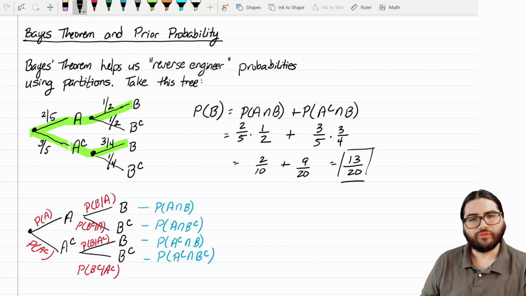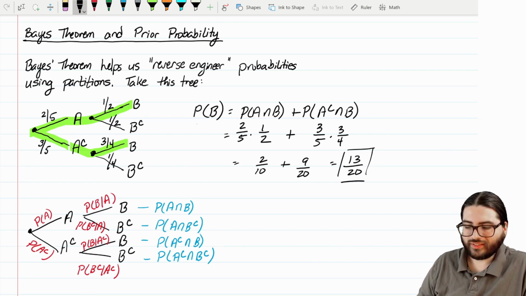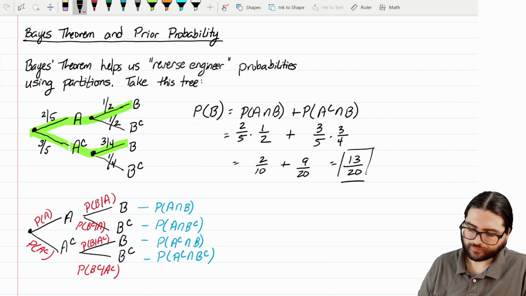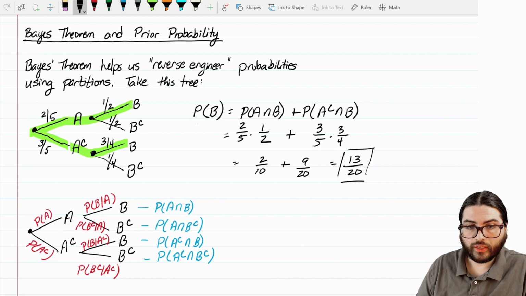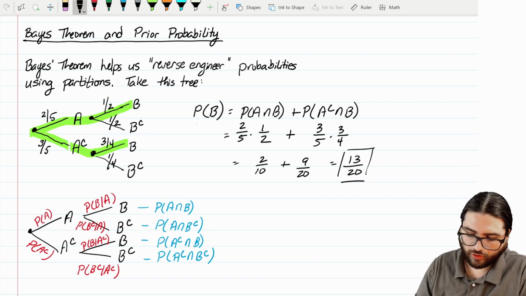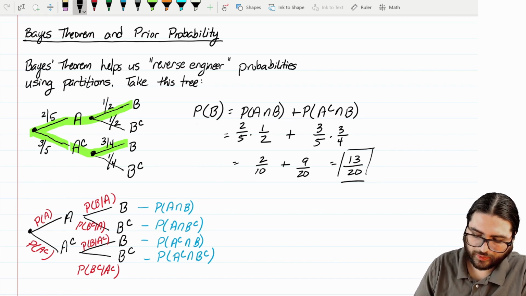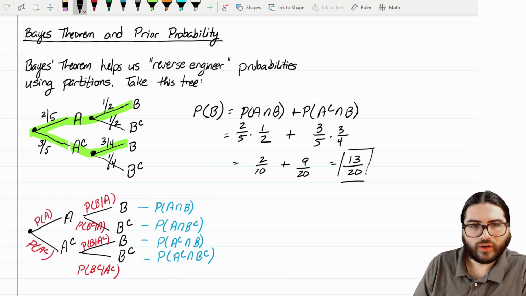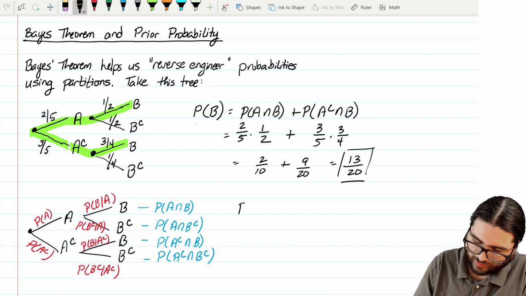I had to get that from doing it twice in my table. But notice that that's still just a probability of B. This doesn't really have conditionals as part of it, other than the multiplying that we did in the tree. What if I wanted to do the probability of A given B?